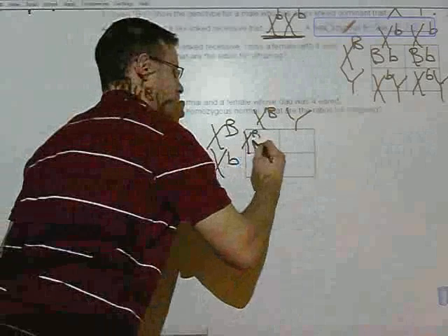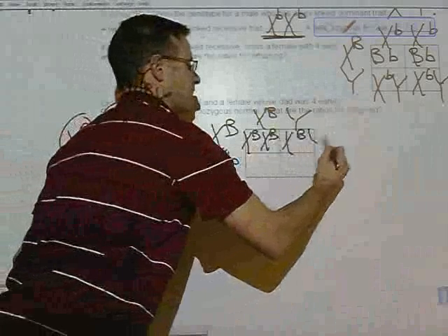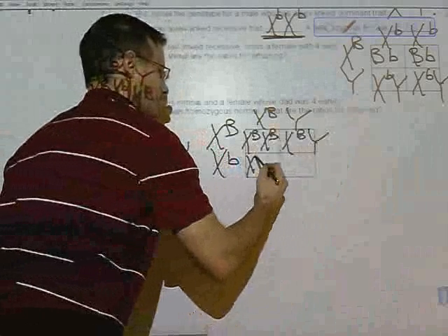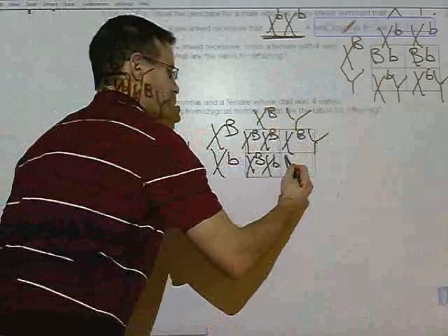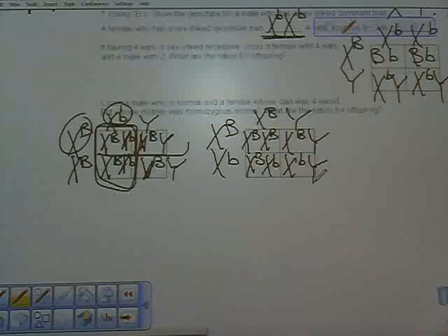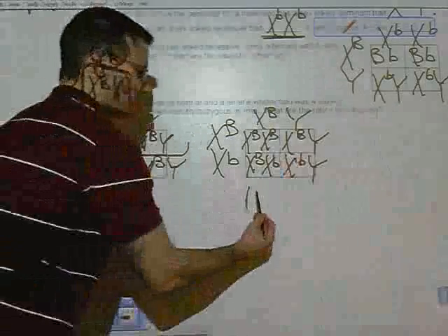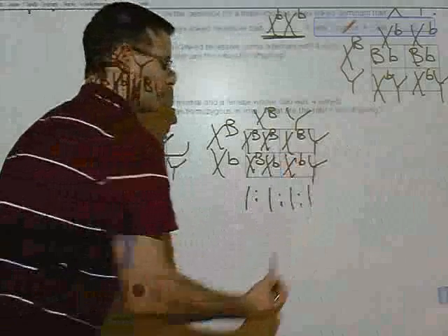So we get X big B for this female, X big B Y for that male, X big B, X little b, X little b, Y. All four of these boxes in the Punnett square are different genotypes. So we would have a 1 to 1 to 1 to 1 ratio for genotype.